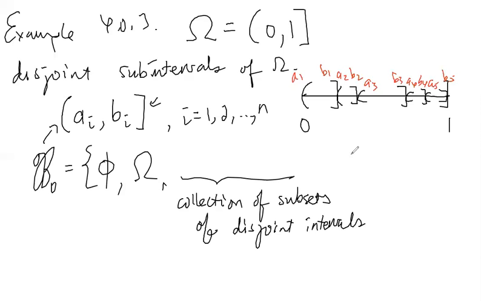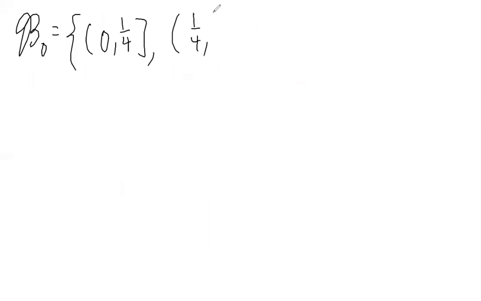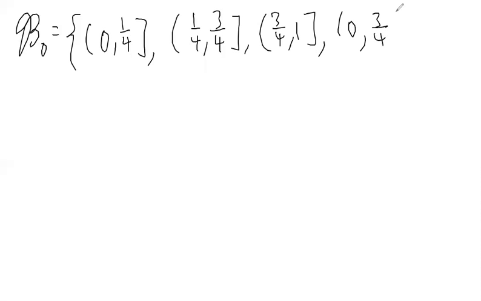But you have to make sure that this collection satisfies the properties of a field. So I give you an example for you to verify. Here's the example: 0 to 1/4, 1/4 to 3/4, 3/4 to 1, 0 to 3/4, 1/4 to 1.